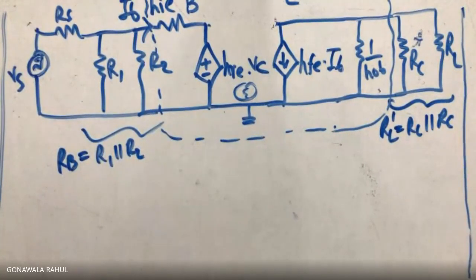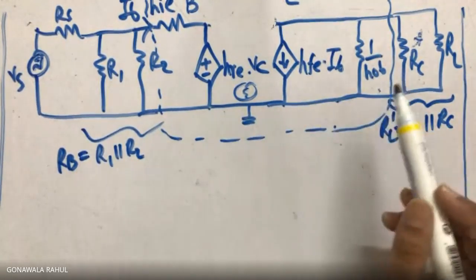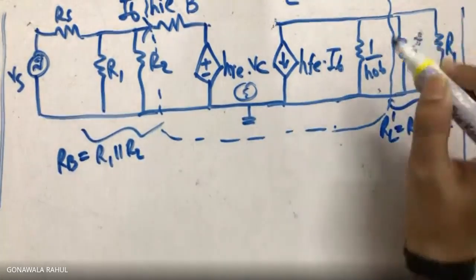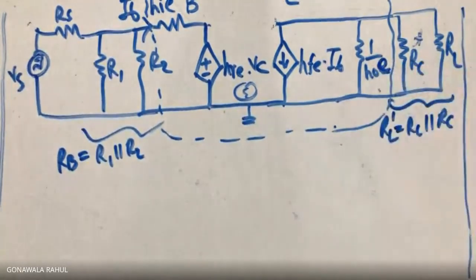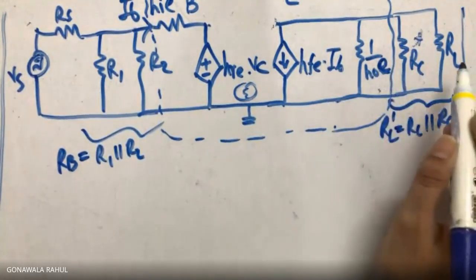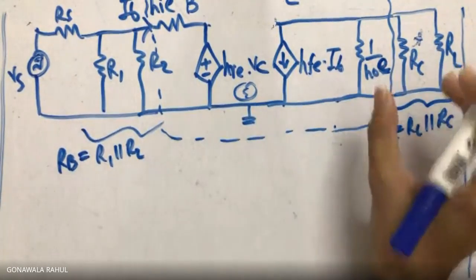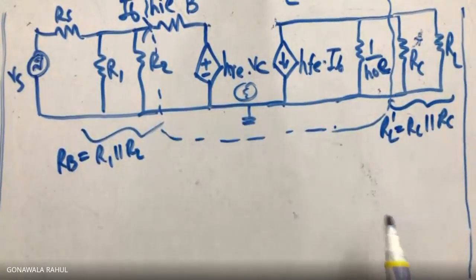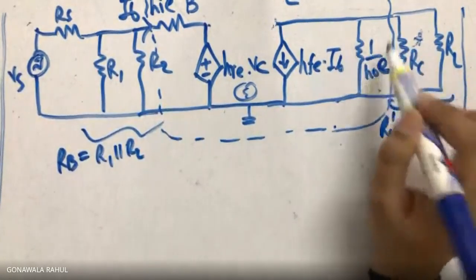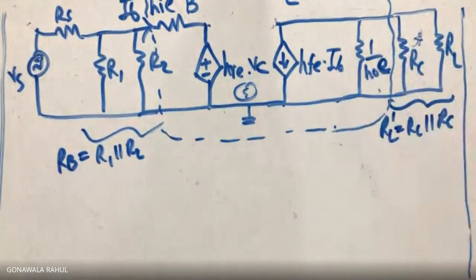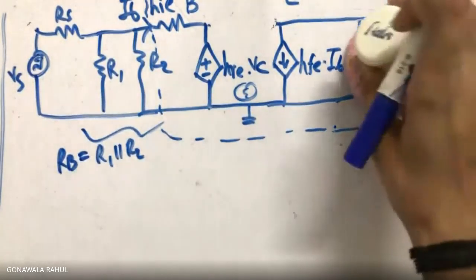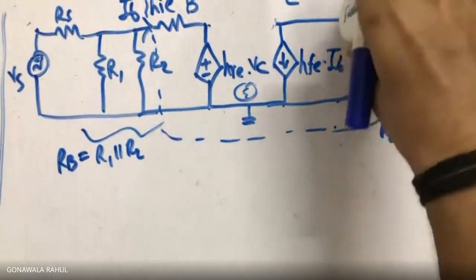Now, when we are performing this analysis, when HOE and RL are in parallel combination for approximate analysis, this HOE can be negligible, and it is 1 by HOE, so it is negligible. So we remove it from the circuit.